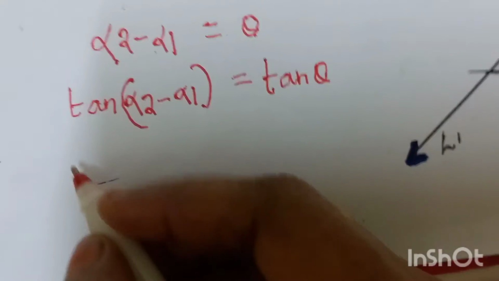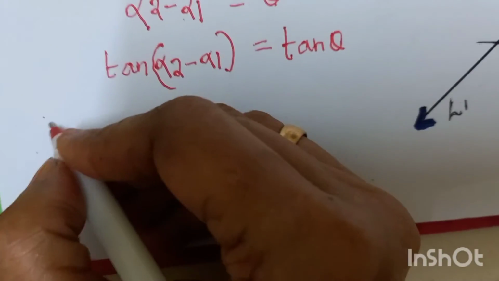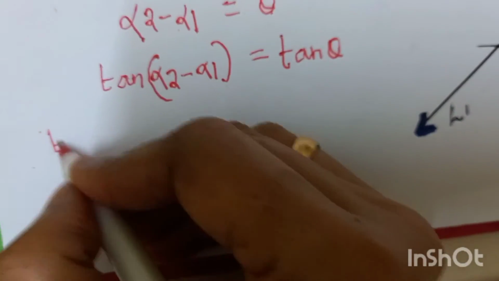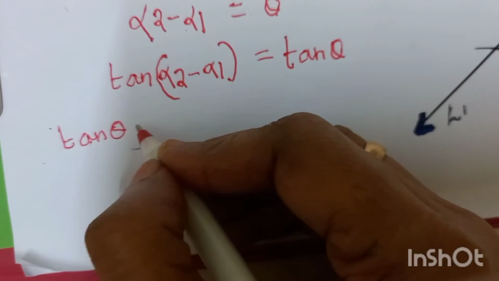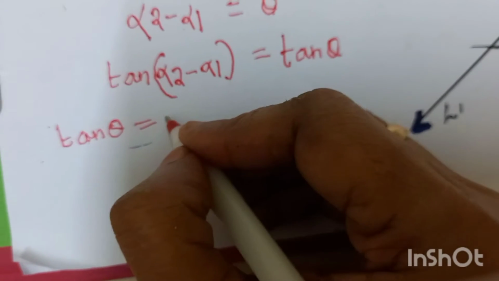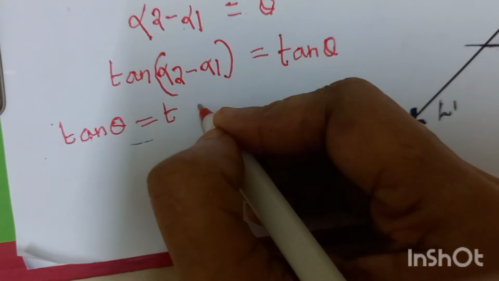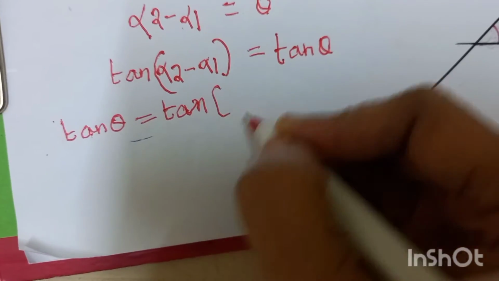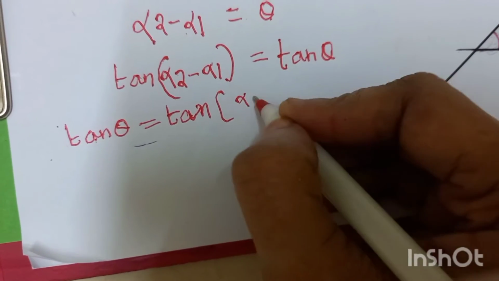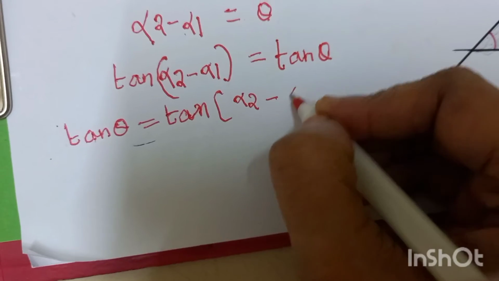So we can write tan theta is equal to tan of alpha 2 minus alpha 1.